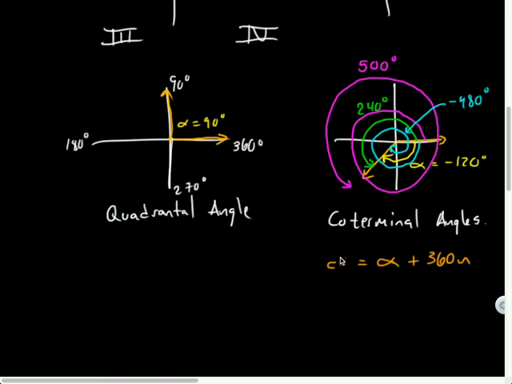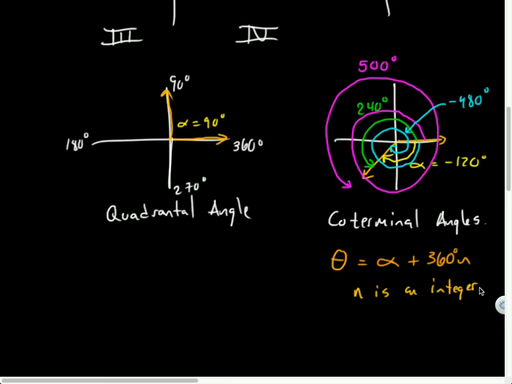So theta is coterminal with alpha if it is 360 degrees added or subtracted any number of times. All right, so n is an integer. Okay, so n would be the number of revolutions.